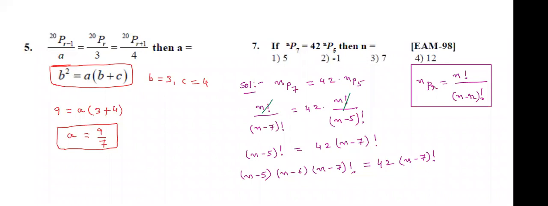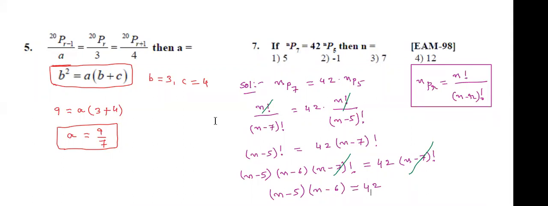Students, observe that n minus 7 factorial is going to cancel. What remains? N minus 5 into n minus 6 is equal to 42. Now multiply the left hand side terms, you will get a quadratic equation, then find the n value.